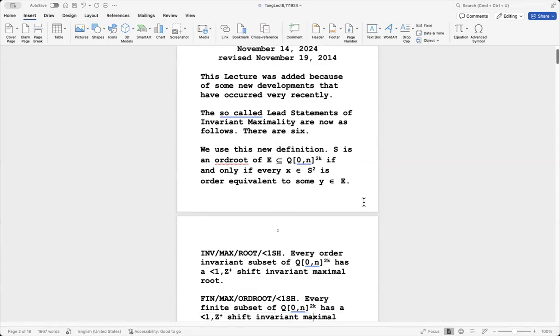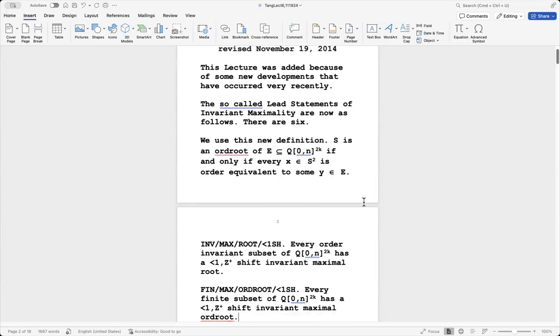All right, so we need a new definition for this. We defined what we meant by a root of a 2K dimensional set before. That's what the first lead statement concerns. But this is what's called an ORD root, which is K dimensional.